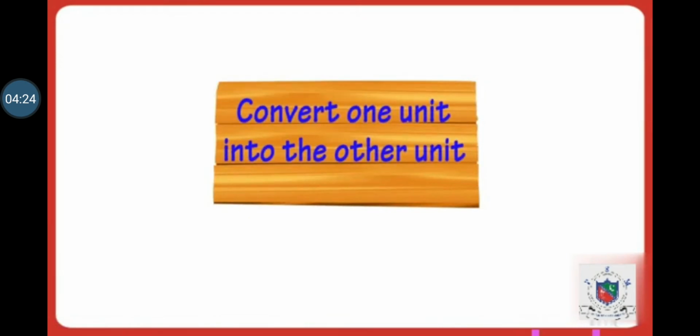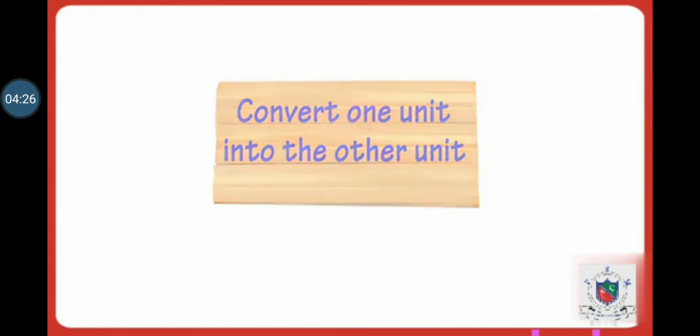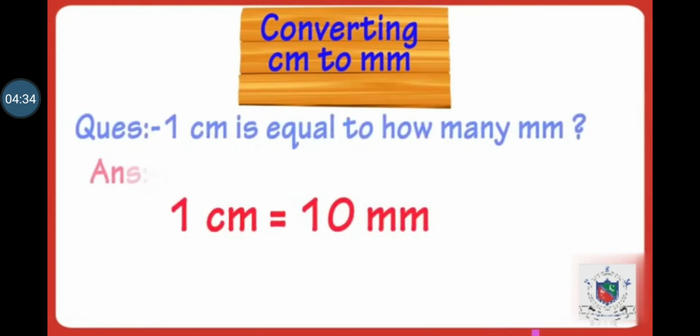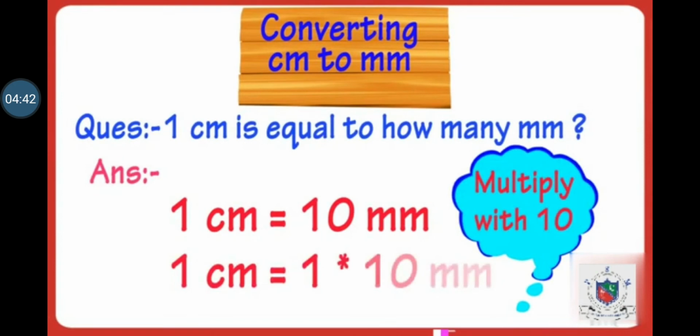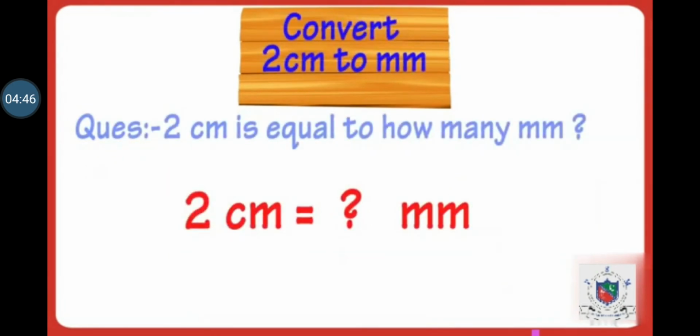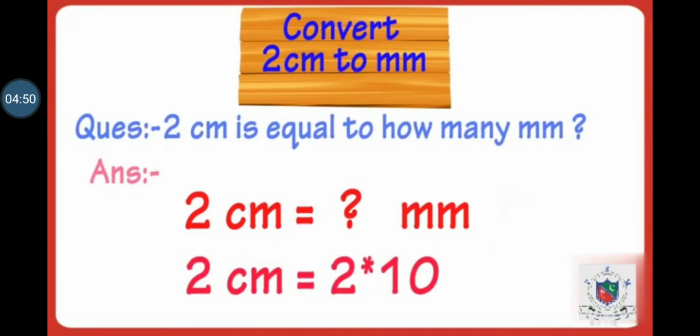Now let's learn that how we can convert one unit into the other unit. So first we are converting the centimeter to millimeter. As we know that 1 centimeter is equals to 10 millimeter. So here we have to multiply it with 10, and 2 centimeter will be equals to how many millimeters?